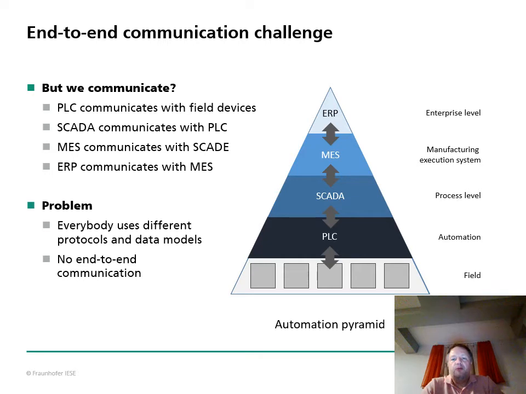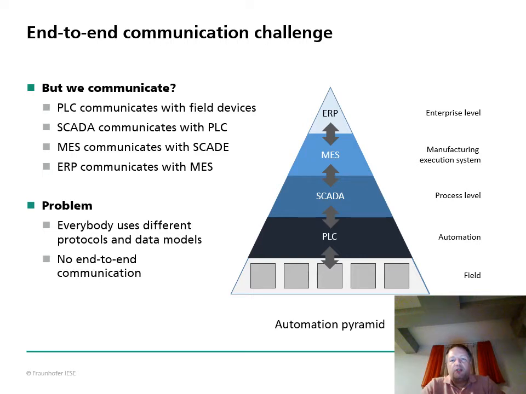So in Industry 4.0, we want to enable an end-to-end communication, and the realization of this end-to-end communication is quite a challenge. If we look at the systems today, we see that PLC controllers communicate with each other using field bus protocols.